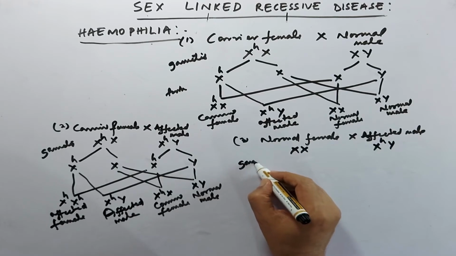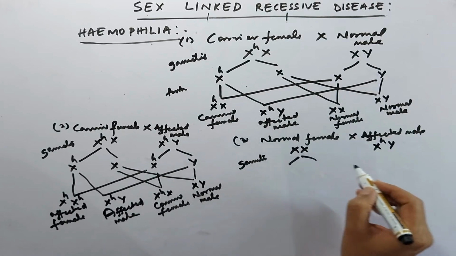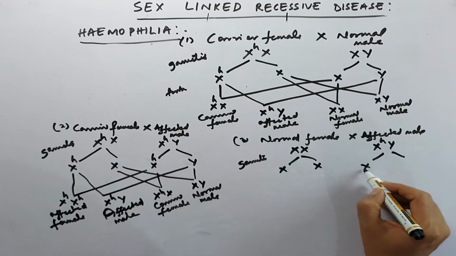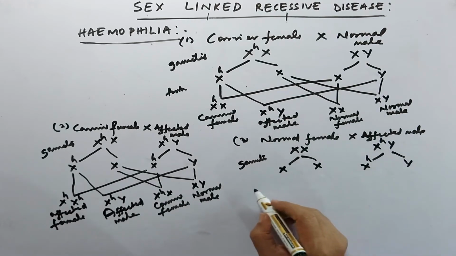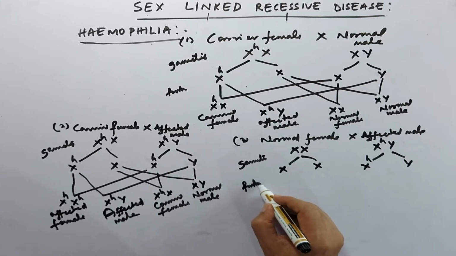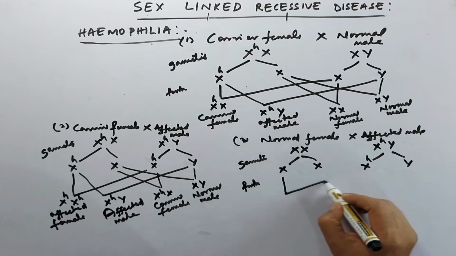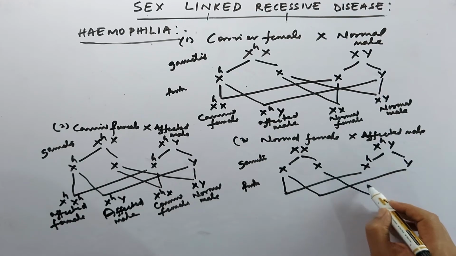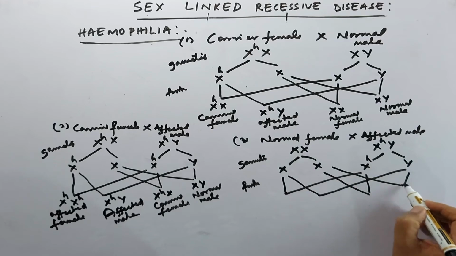Gametes are formed by normal segregation: X, X, and XH, Y. By fertilization, this may fuse with this, and this may fuse with this.